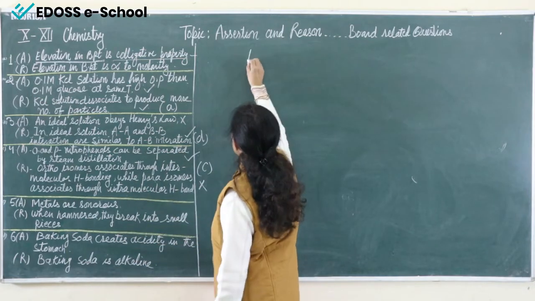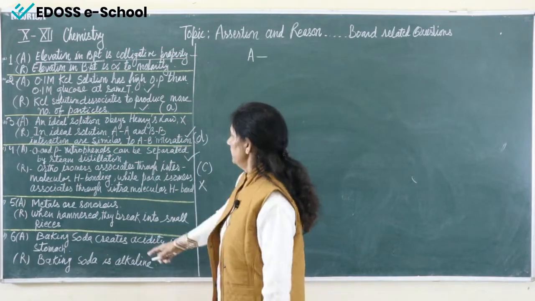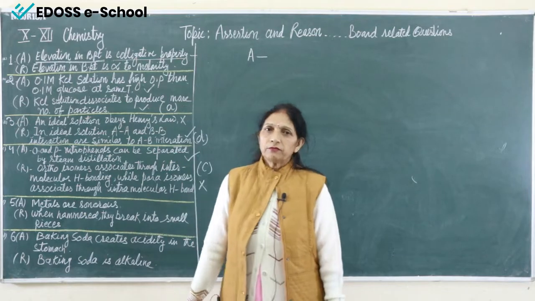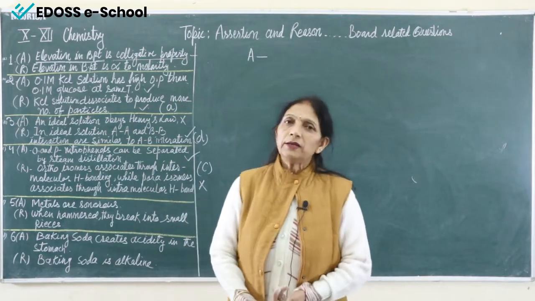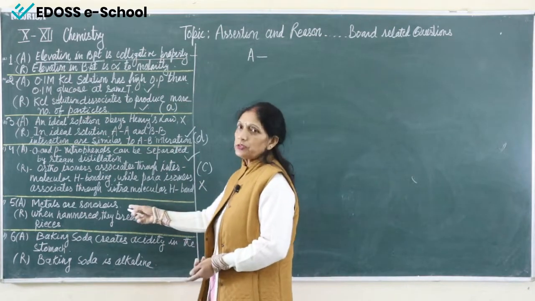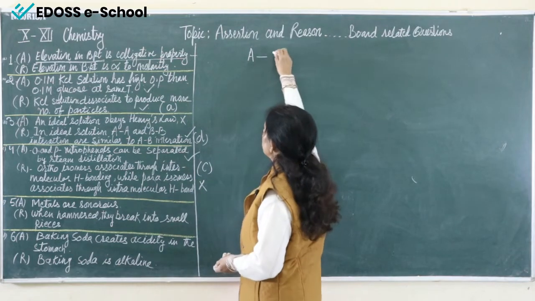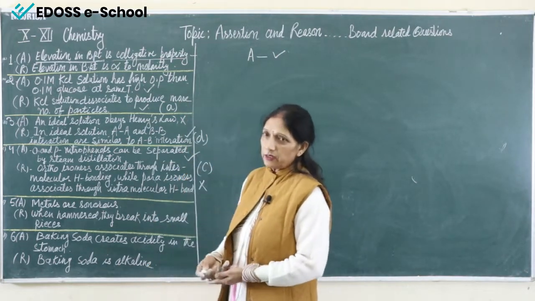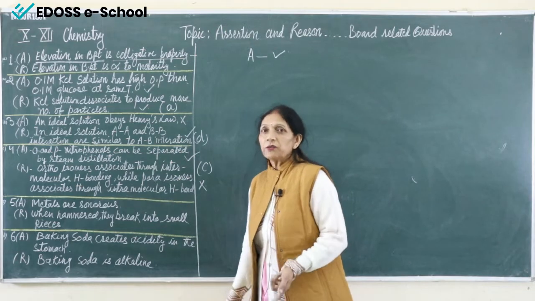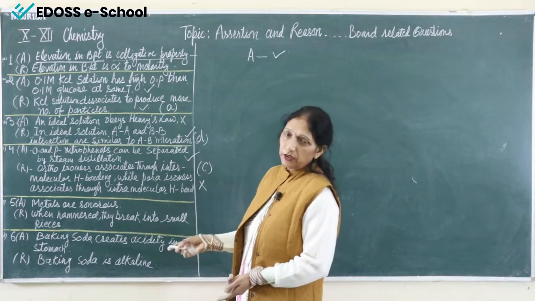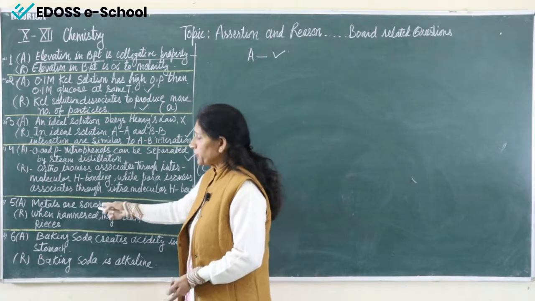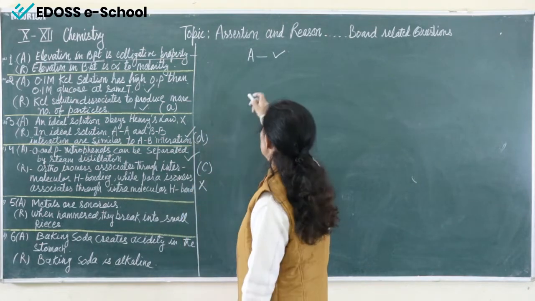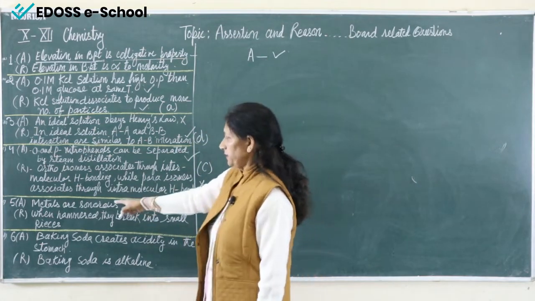Now the assertion, we have to find, is metals are sonorous. Sonorous means when we hit the metal, it produces sound. Okay, so that means this is right. Assertion is right because if you take copper metal, iron metal, zinc metal, and you try to hit on it, they will produce a sweet sound. Okay, so assertion is right.